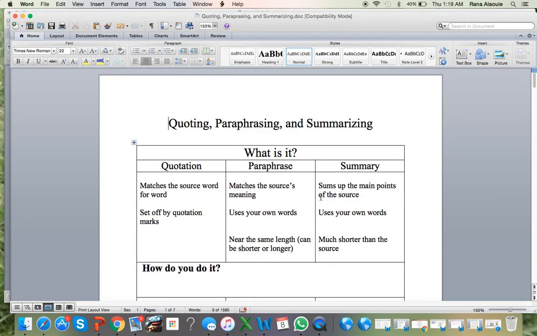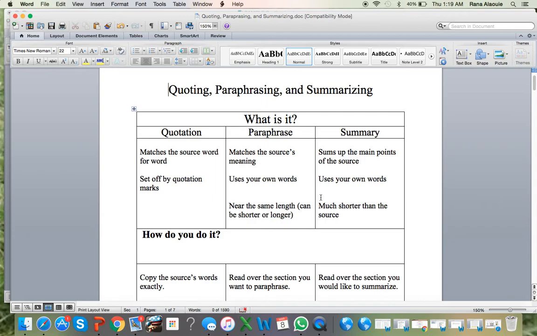Try not to do that. And if you are using a quotation, you must explain it after. You can't just have a quote drop from the sky in an essay and have no explanation, because again, you're indicating you didn't comprehend it.